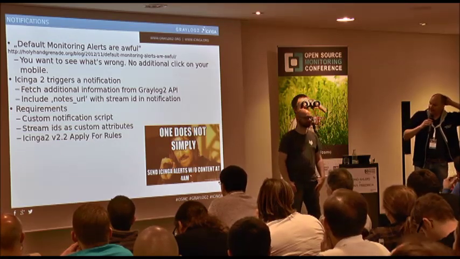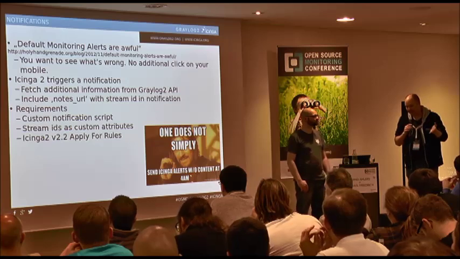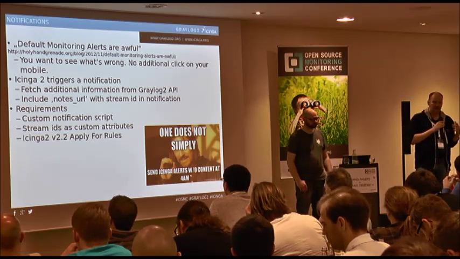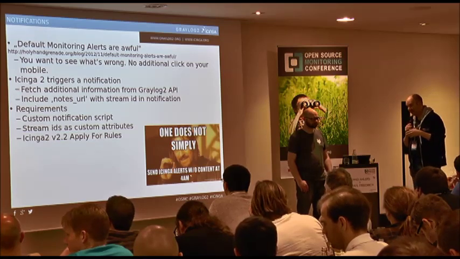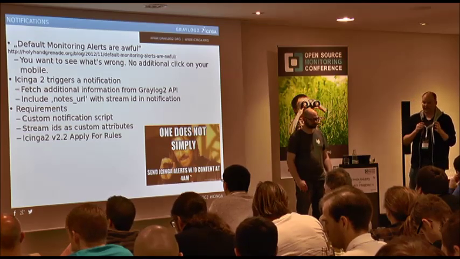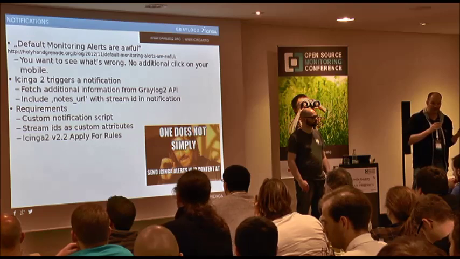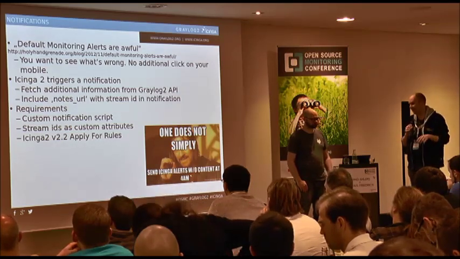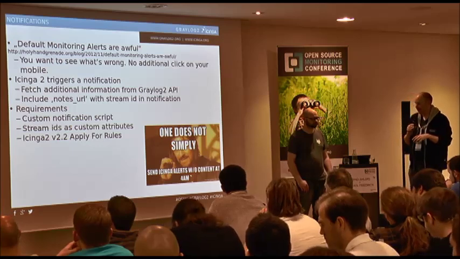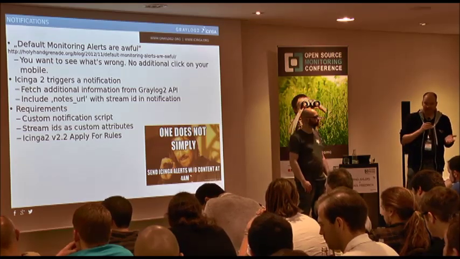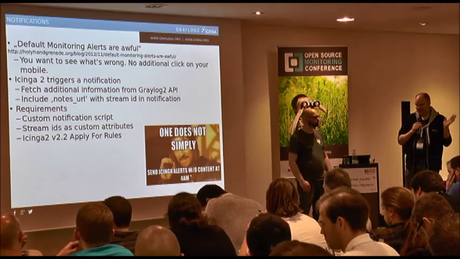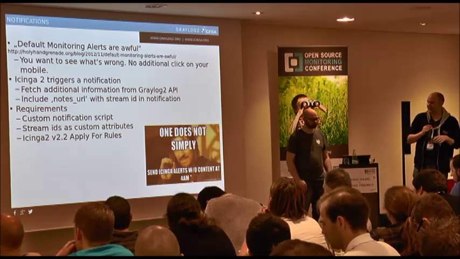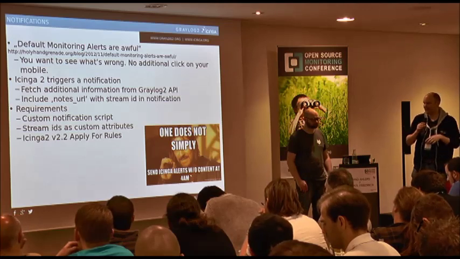There's the idea to have the Graylog2 REST API available with the alert stream to actually fetch the data from it, to use the stream ID in notification rules with Icinga 2, to actually have that included, you reuse that as a custom attribute, have a custom notification script, which is not yet there because of no time and stuff, but maybe we will do that later and provide an example of how to actually do that.